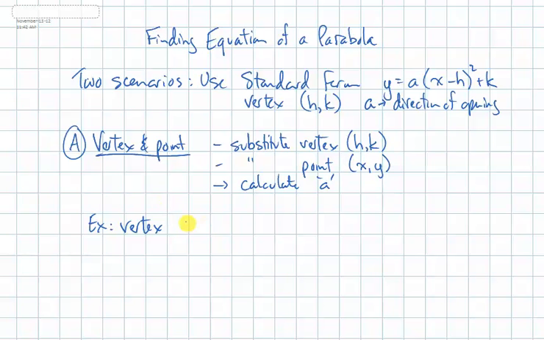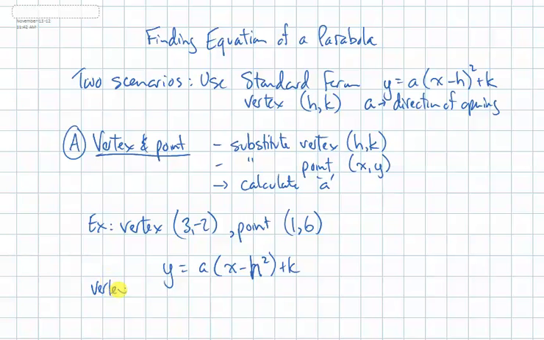The vertex could be (3, negative 2), and a point could be (1, 6). We start by writing the standard form. We substitute the vertex in, so y equals a(x minus 3) all squared, and I see that I put my square in the wrong place.